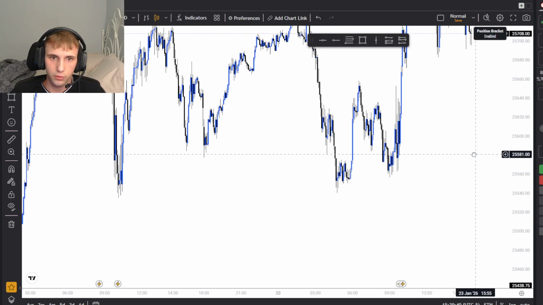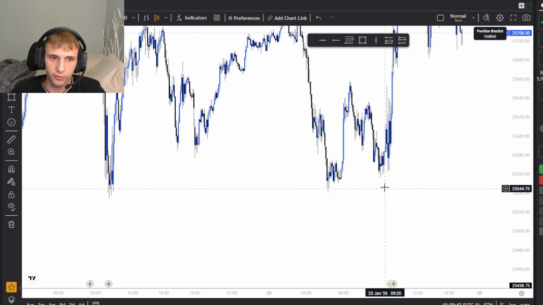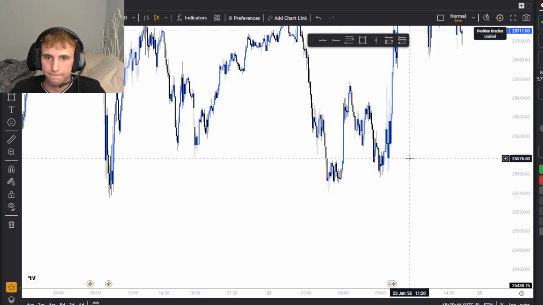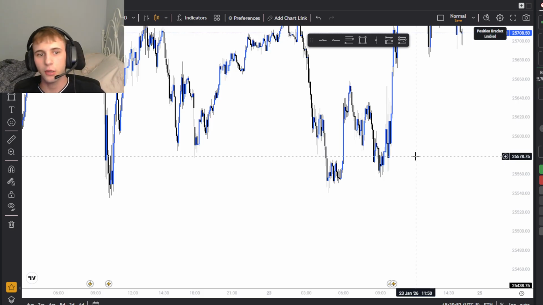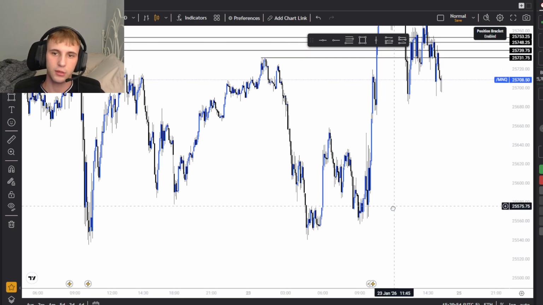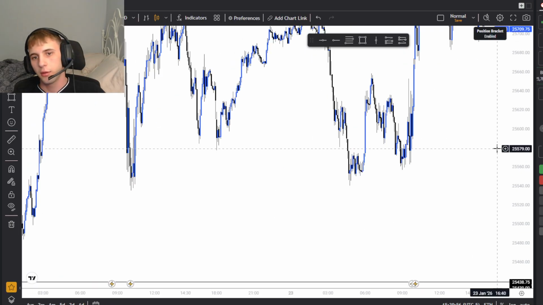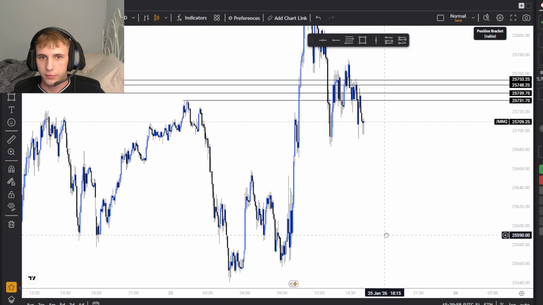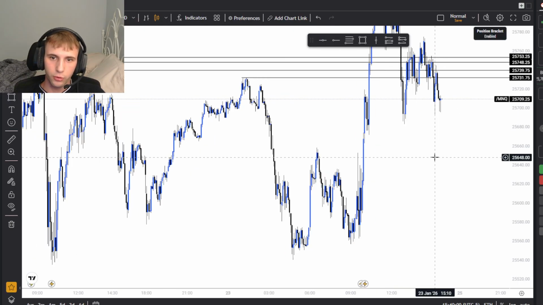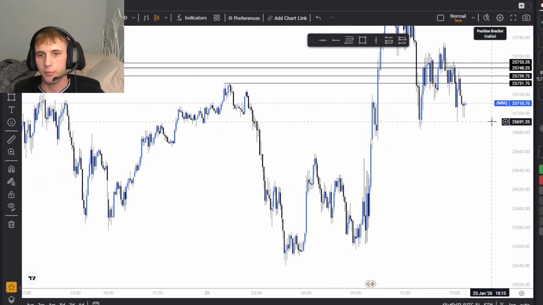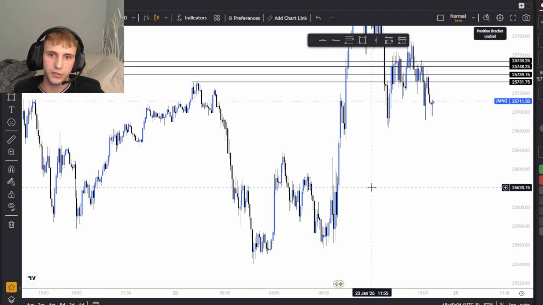Oftentimes, when a point of liquidity gets hit, it doesn't just barely tap it and reverse up. It kind of likes to dip down below a little bit and trade within that area. So you would need to have your stops really big, which is bad for risk to reward, for risk management. And that's where all the other confluences come into play.